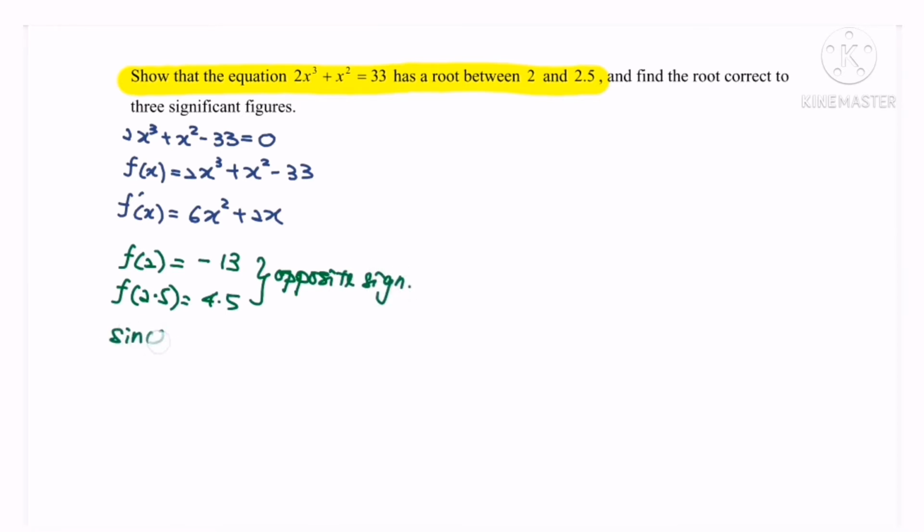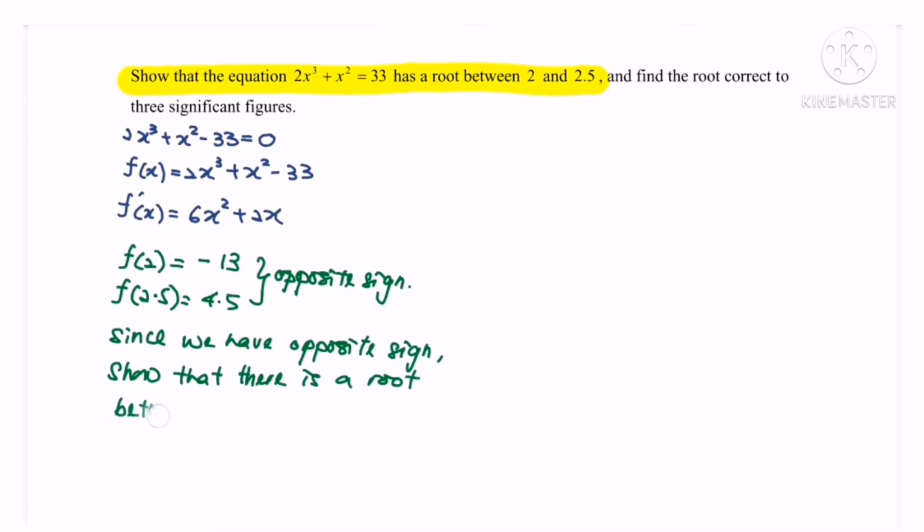Since we have opposite signs, this shows that there is a root between x equals 2 and x equals 2.5.